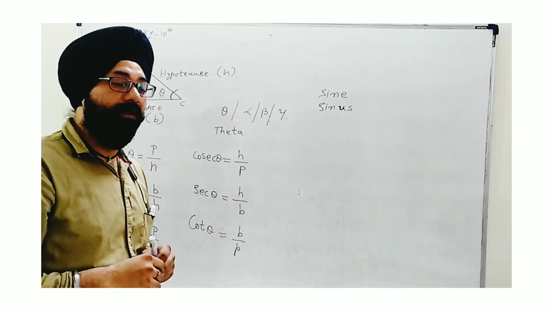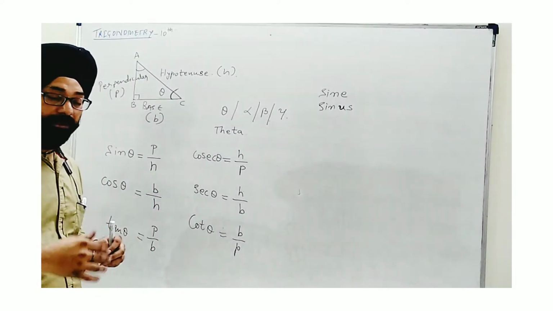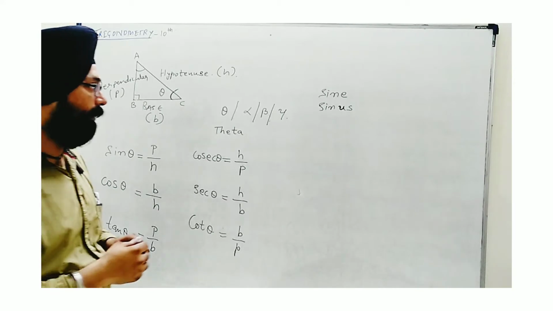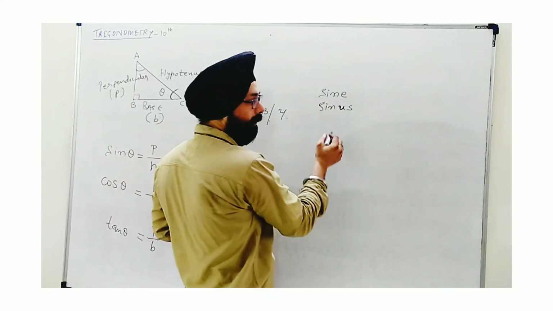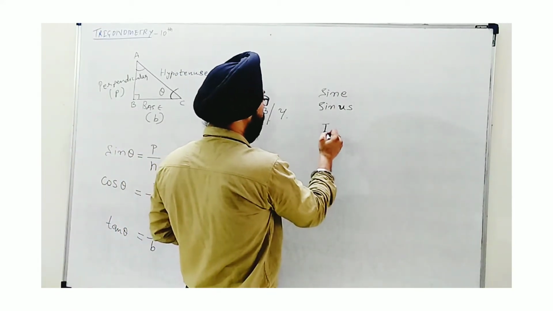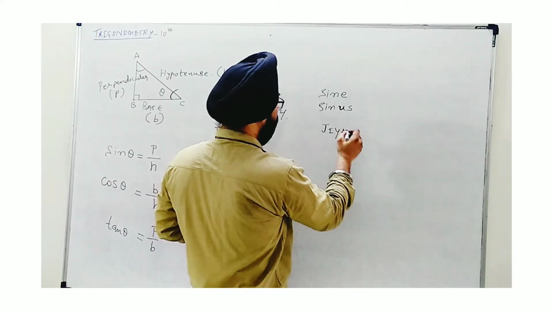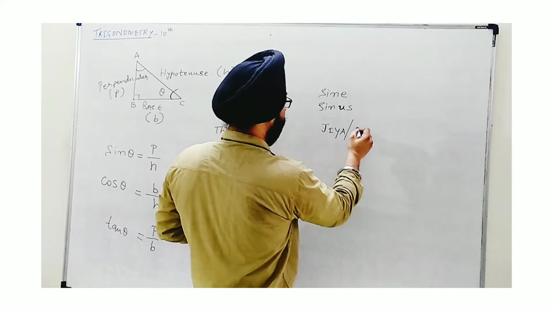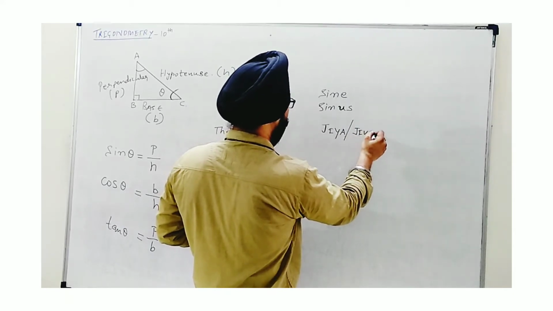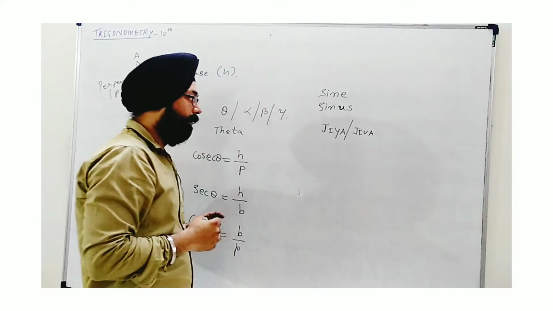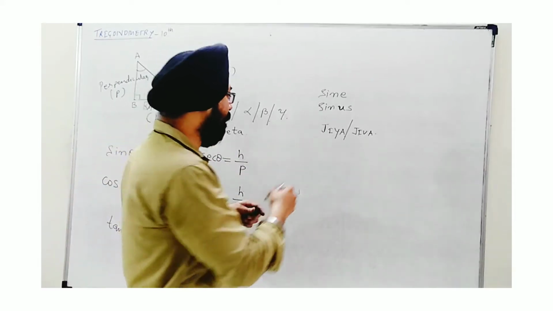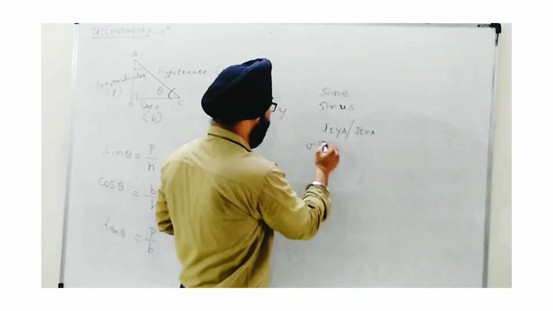And at this moment I should tell you that, as I am speaking, this began from India. In India it used to be known as Jia or Jiva. It's basically Hindi, if you know, this is known as Jia.